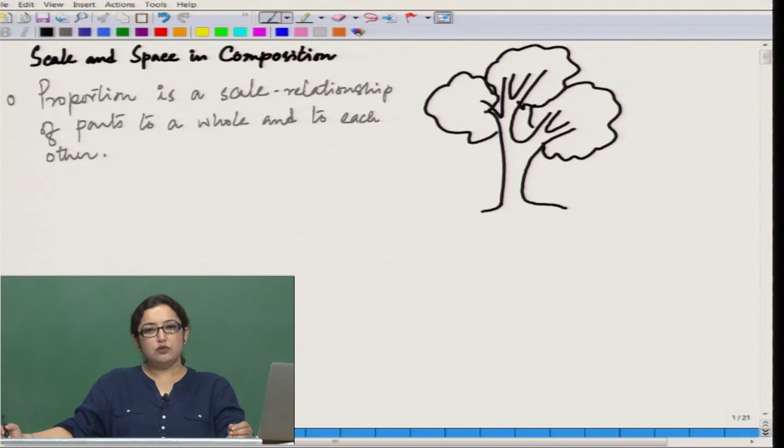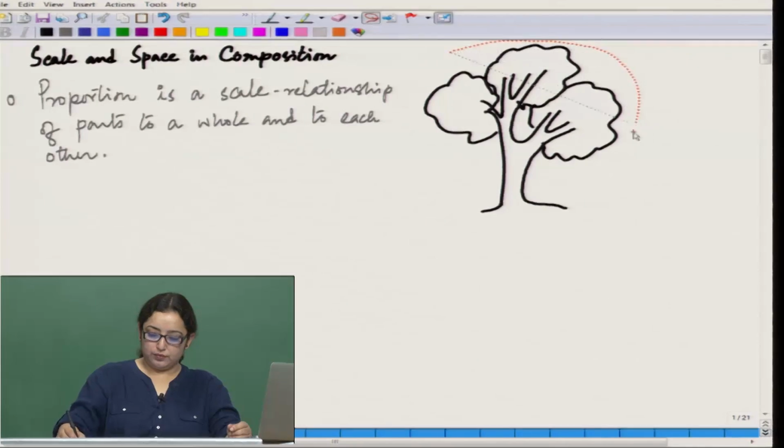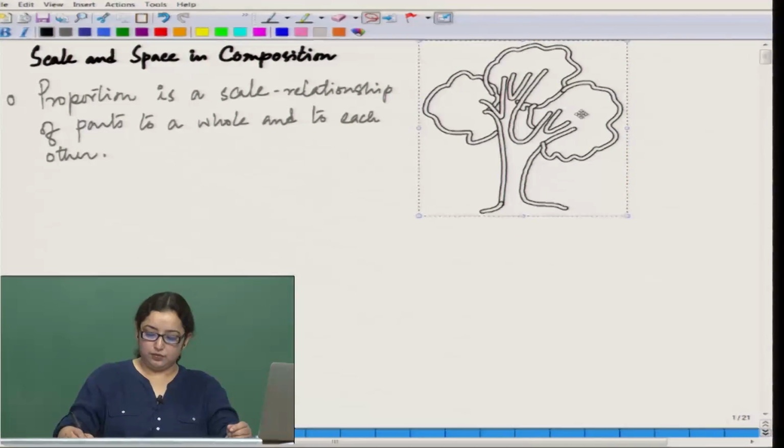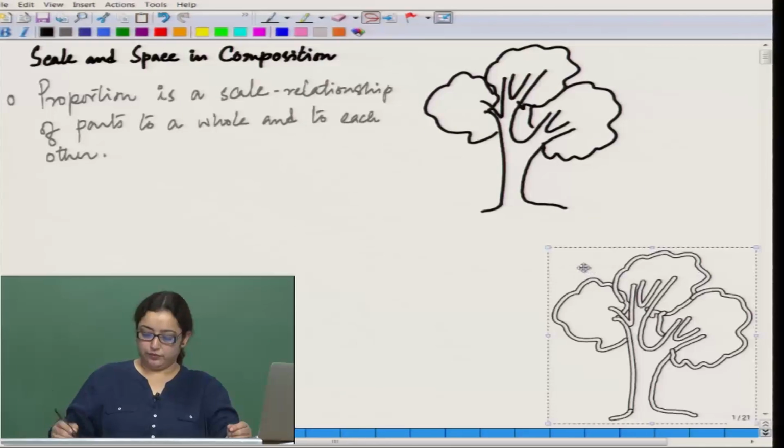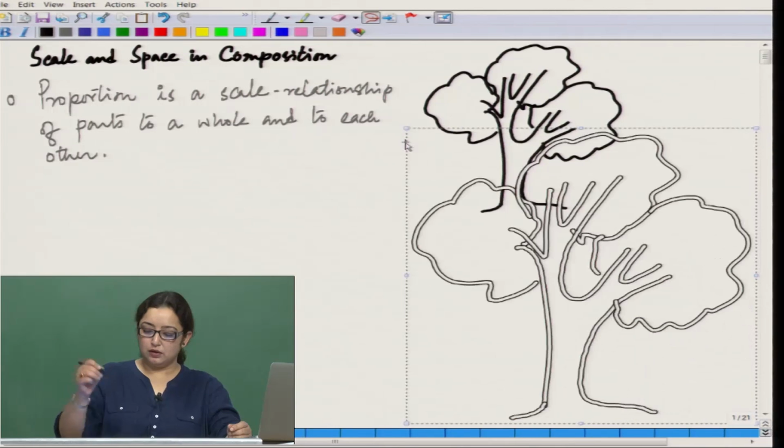Now, we do not know whether it is big or small unless we make another tree and increase its scale.